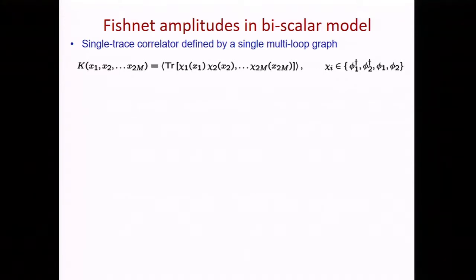So we start off from formulating a single trace correlator, something similar to a Wilson loop. Namely, we just multiply fields at various 4-dimensional points, x1, x2, etc., xm, and each chi field is one of 2 scalars or their conjugates.